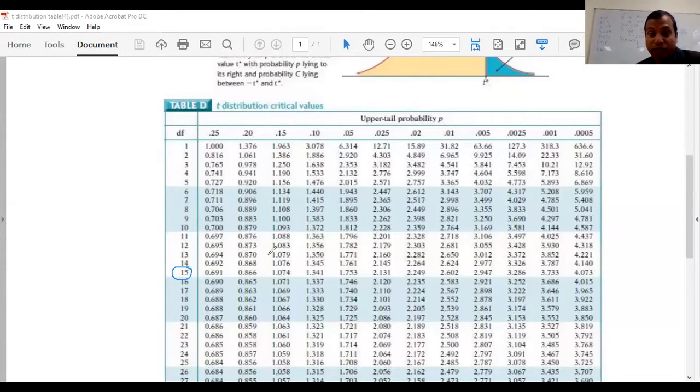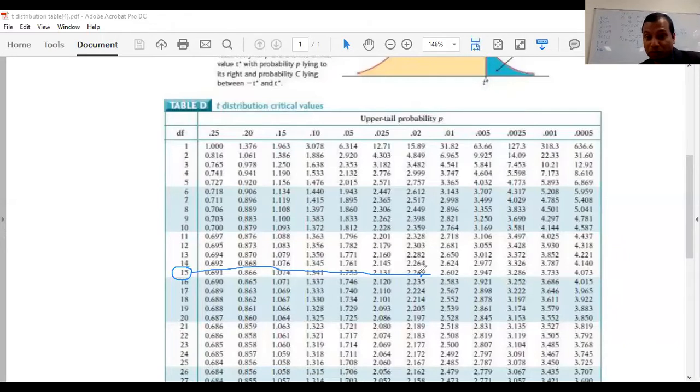We need to match which is the closer one. In the 15 row, if you move, our answer is not 2.1, it is close to 2.2. Since 2.249 is closer compared to 2.131, which one will be closer to our t-stats? The same one, 2.249, not the 2.6.